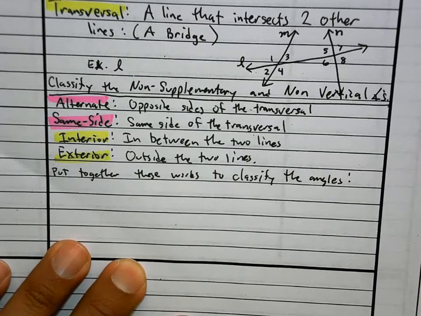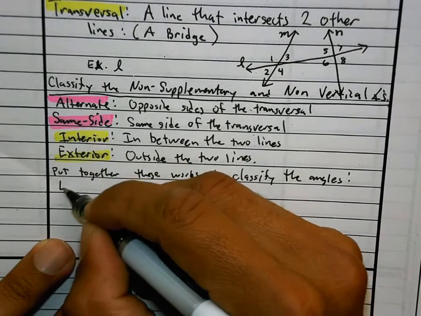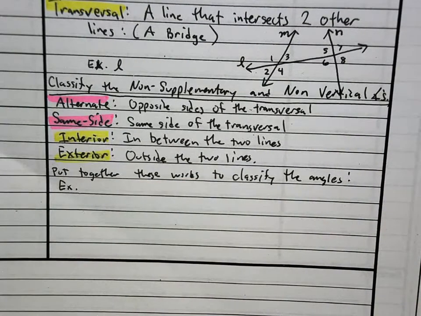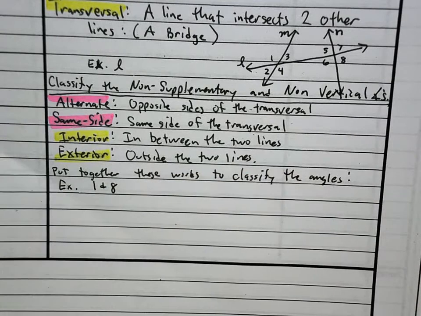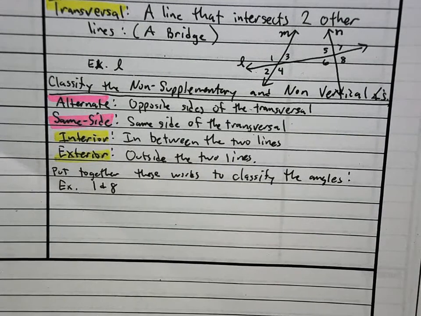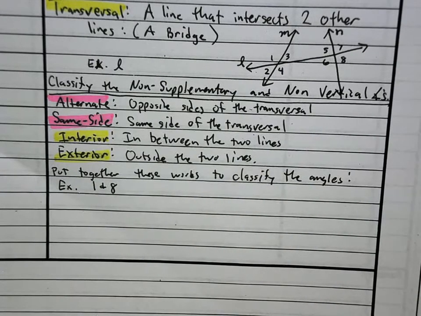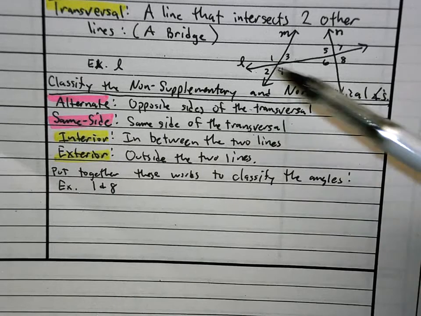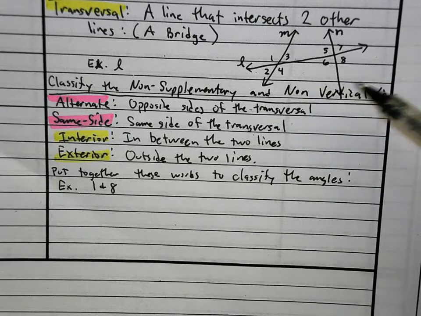Let me give you an example. For example, 1 and 8. 1 and 8 are what type of angles?